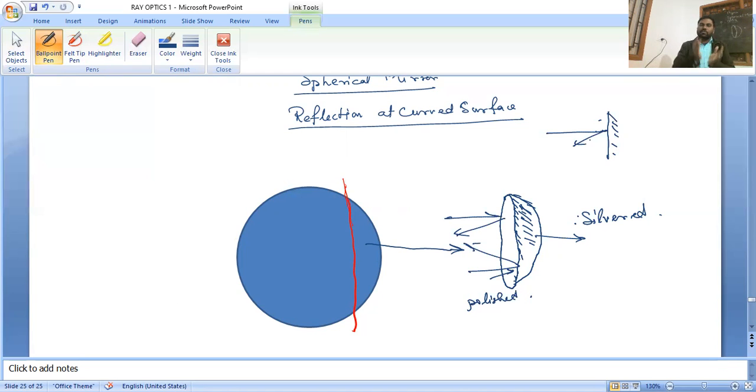But in the case of a spherical mirror, there are some rules to follow, which are different from a plane mirror. Have you ever seen in amusement parks that there are different types of mirrors?